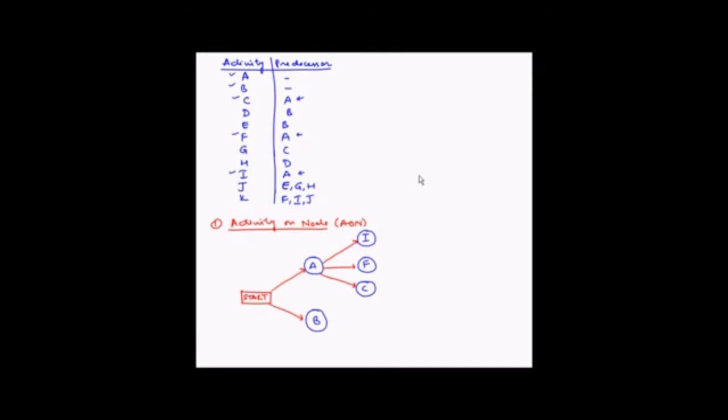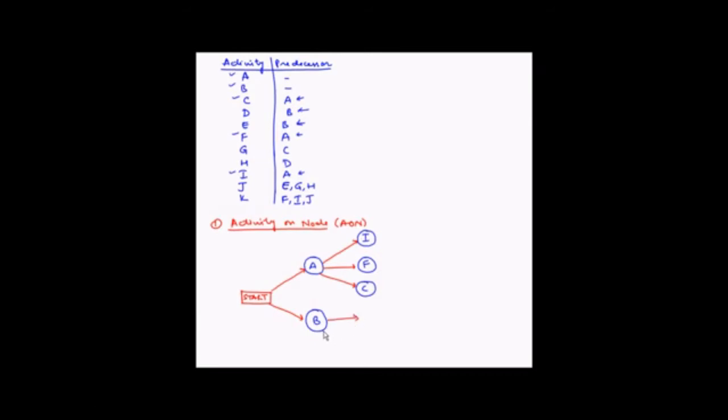Now let's find out which are the activities which are dependent on the completion of activity B. So we have D, E, and that's it. So D and E are dependent on the completion of B. So let's draw D and E. So from B we'll draw 2 arrows.